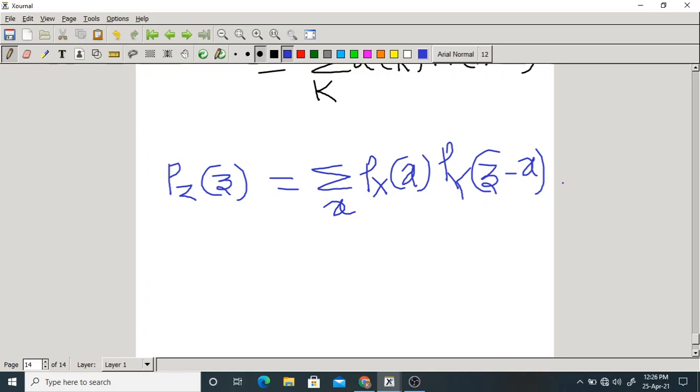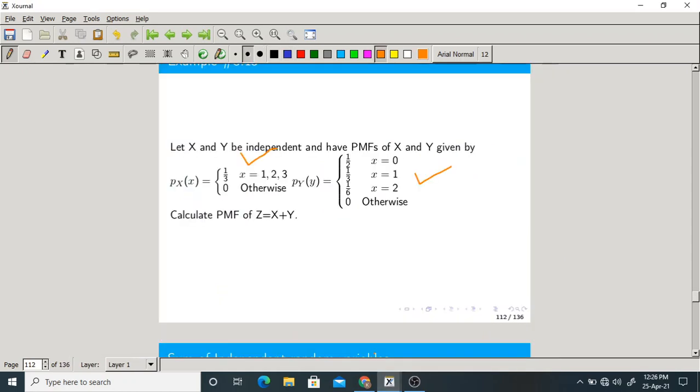Now what about limits of Z? Why? Because we are doing a discrete convolution. So here X varies from 1 to 3. Here I have written wrongly, it is Y. So Y varies from 0, 1, 2. What about Z? What is the lower limit of Z? 1.